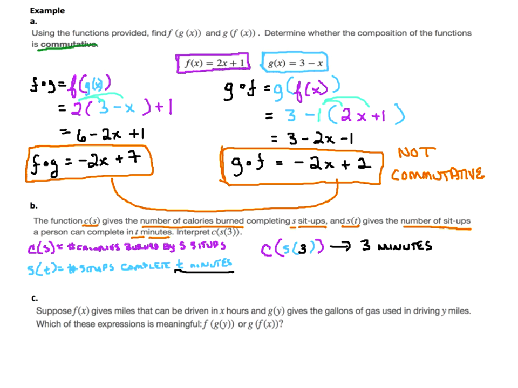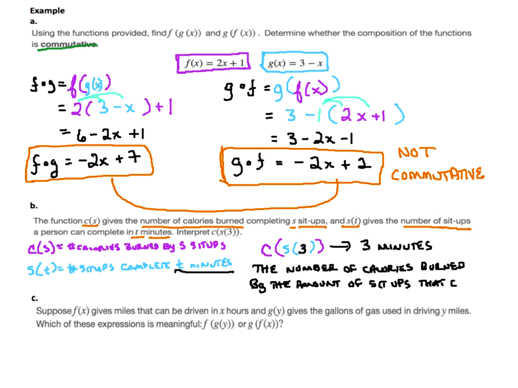This entire function says since C of S, the magenta function, is the number of calories burned, this composed function is the number of calories burned by the amount of sit-ups that can be done in 3 minutes.